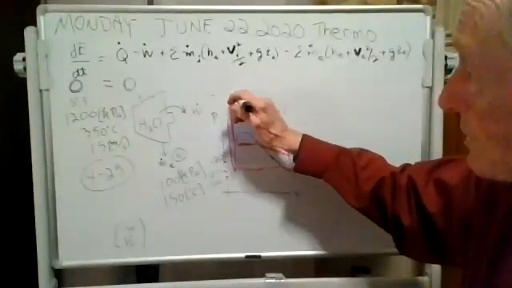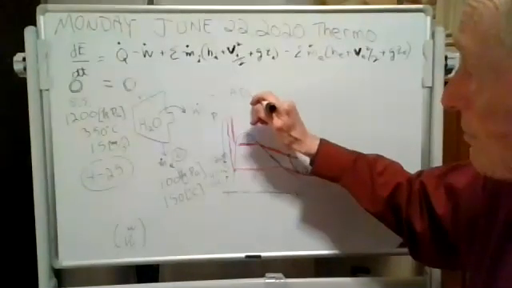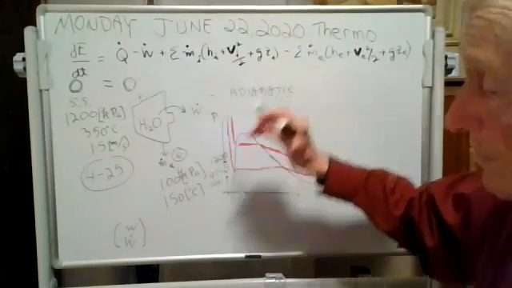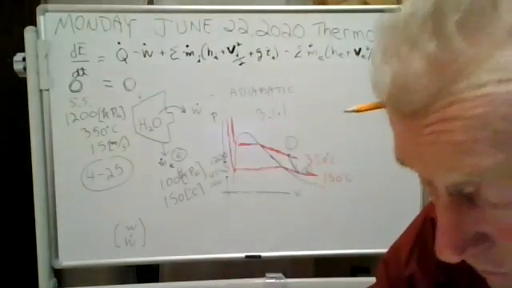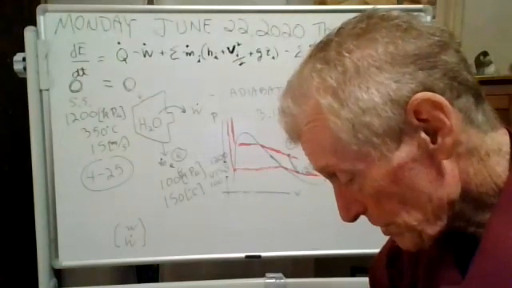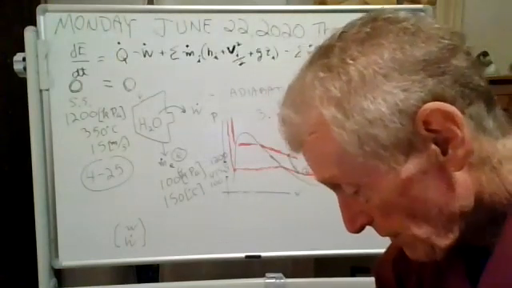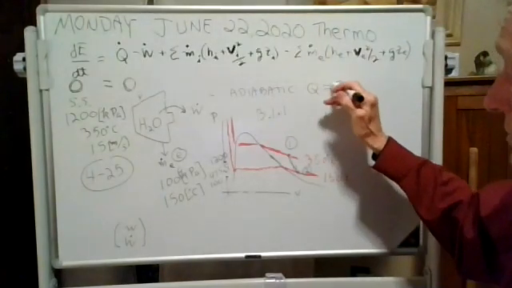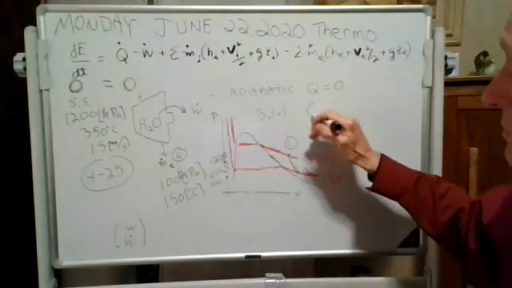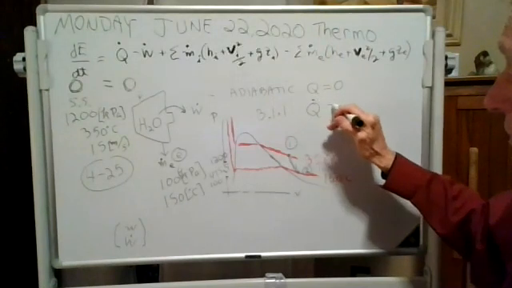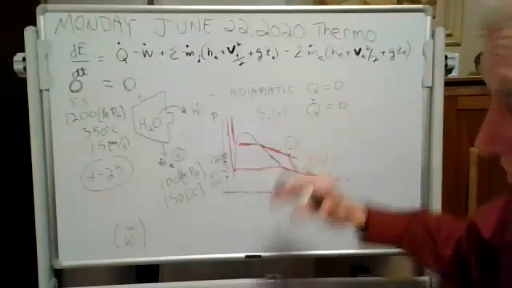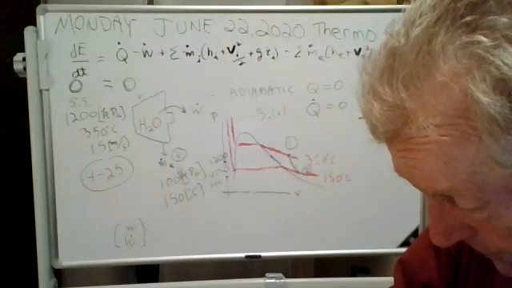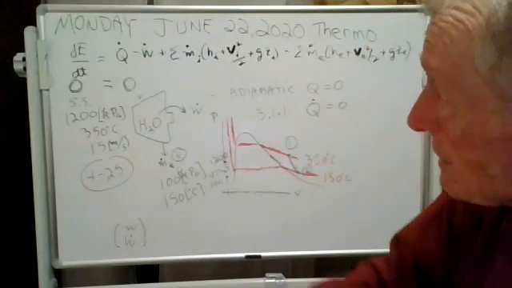It's called adiabatic. It's one of our processes, a very important process that we're going to study in detail. All it means is that there is no heat transfer. You could put a dot over it if you wanted, because if there's no heat transfer, there's no heat transfer rate. That's that fancy name, adiabatic.